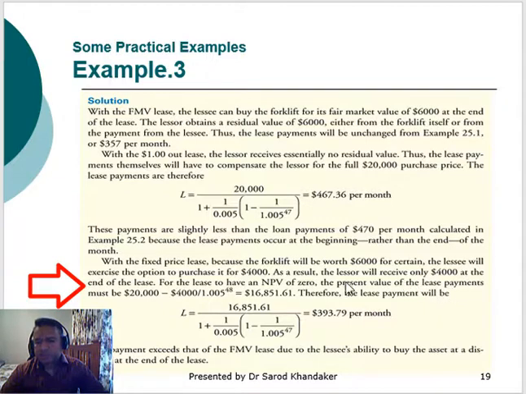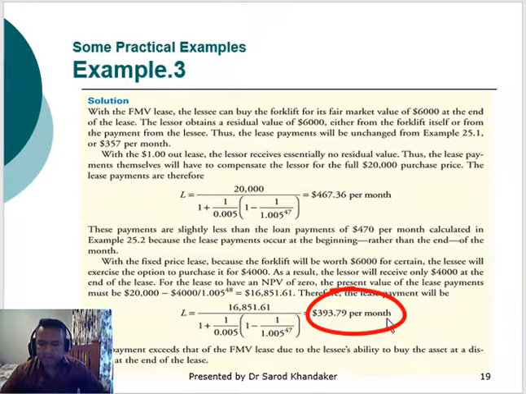Therefore, the lease payment should be, if you do the calculation, $393.79 per month. Correct? Because here it is $16,851, because at the end of the lease, the residual value of the asset is $4,000, not $6,000.